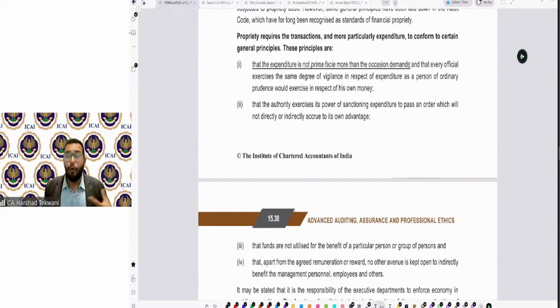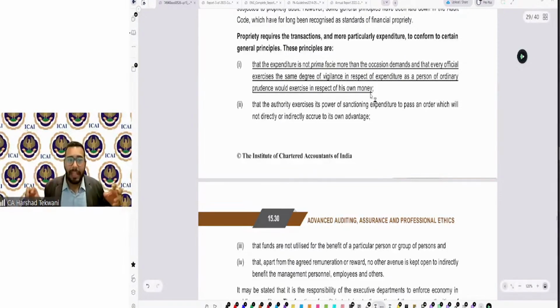For example, what we are checking is that every official exercises the same degree of vigilance in respect of expenditure as a person of ordinary prudence would exercise in respect of his own money. It means whether they are utilizing public money by taking care.